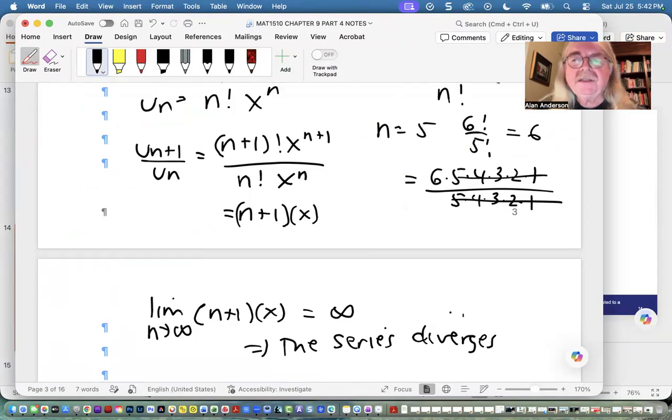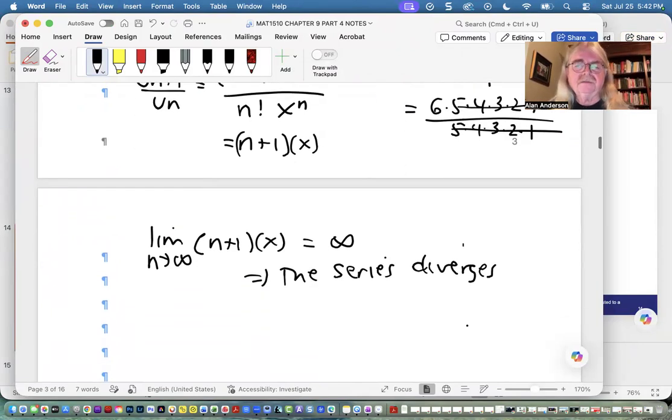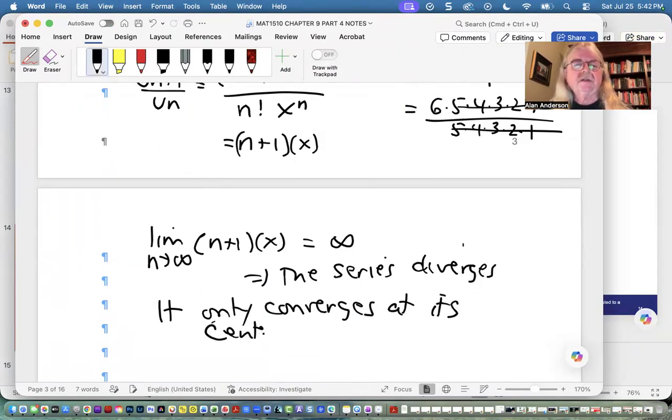And that means the only place it can converge is at its center, which in this case is 0.